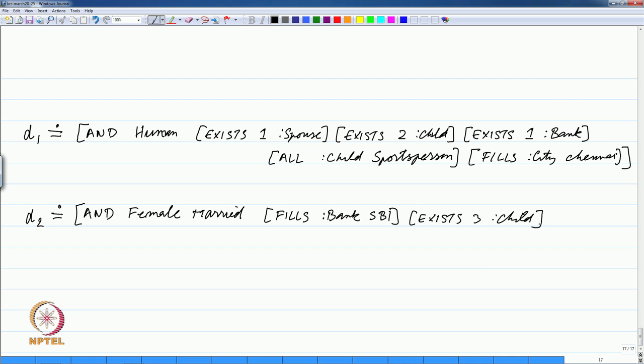and all whose children are, let us say, female and bridge players, and who live in Chennai.